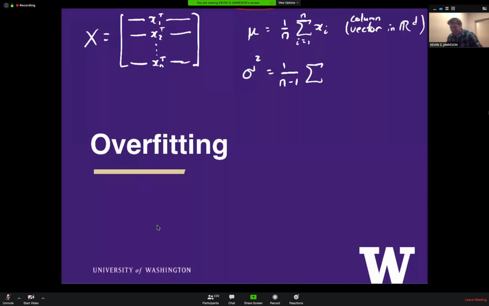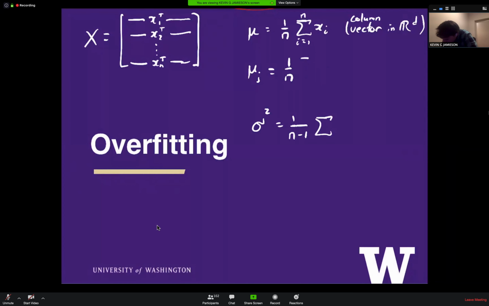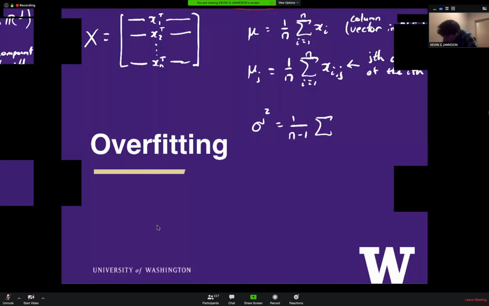Okay. That was terrifying. And now, we could have computed this as well by looking at the jth component. So mu j is equal to 1 over n, sum from i equals 1 to n of xij, where this is the jth component of the ith example.